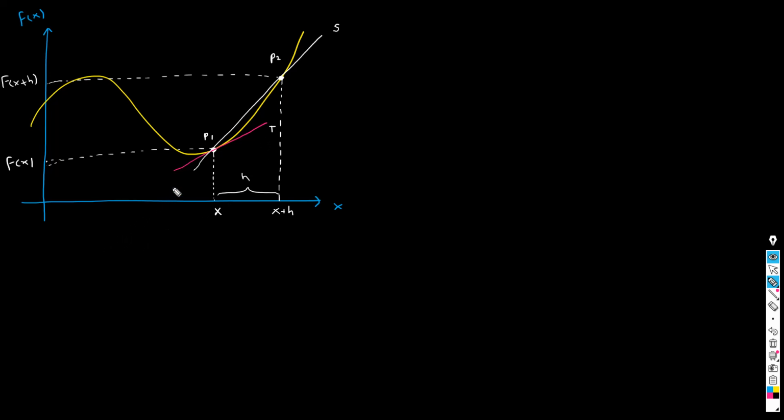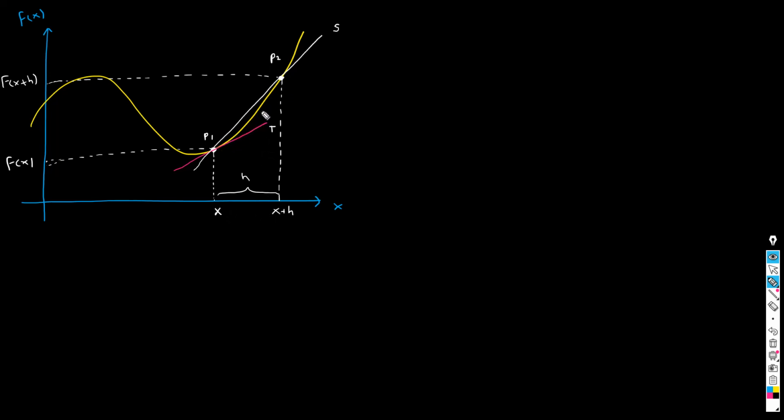The core concept is this: as I approach P2 towards the point P1 in this way, try to imagine P2 going all along the yellow line, like so. And try to imagine how this diagram would change, all these vertical lines and all this stuff, as I do that. I need you to imagine it.